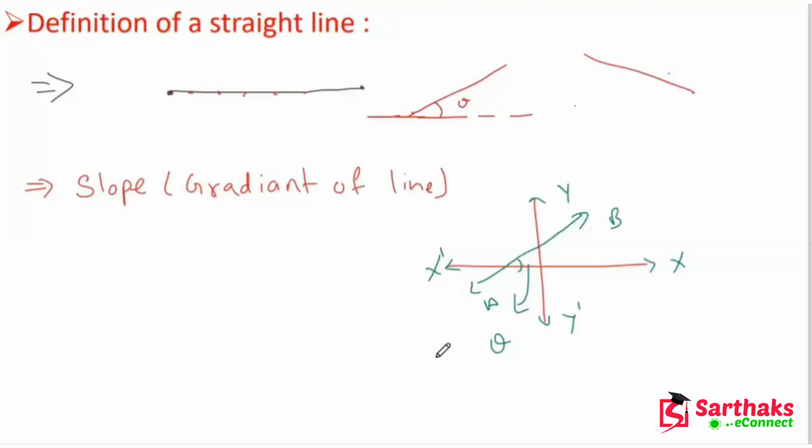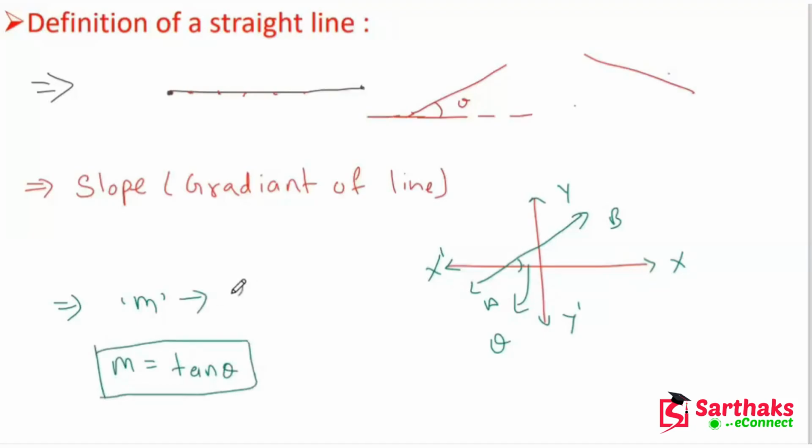So the slope of a line is generally denoted by m. So the representation of slope is m. Thus, what is the slope? M is equal to tan theta. If we know theta, meaning this angle theta, then we can easily find the slope. So what is the slope of a line? Tan theta. We can say it directly, tan theta.